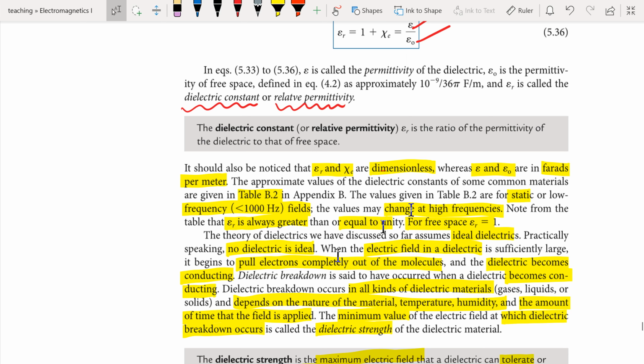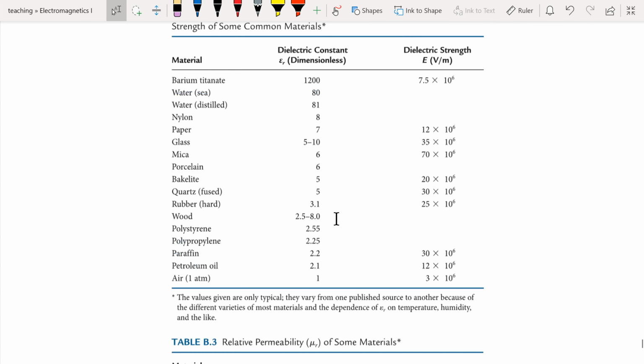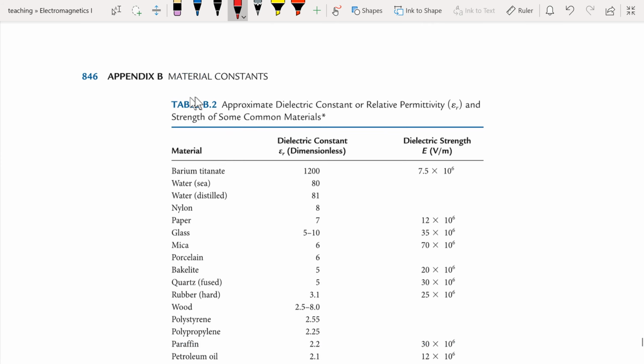And the approximate values of the dielectric constant of some common materials are defined in table B2, which I have actually brought down here. So this is my table B2, and it's in your notes at the appendices. It just tells you the approximate values for different materials.